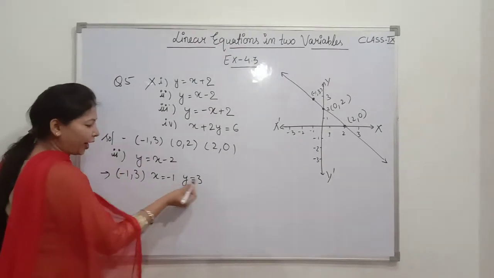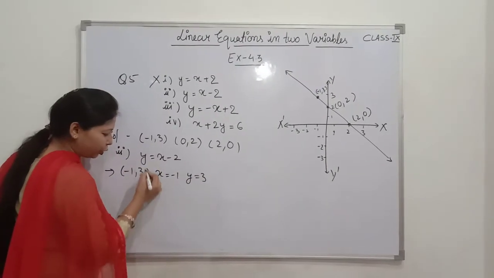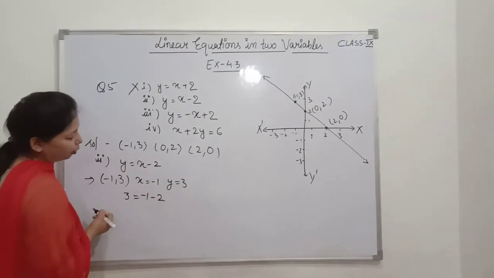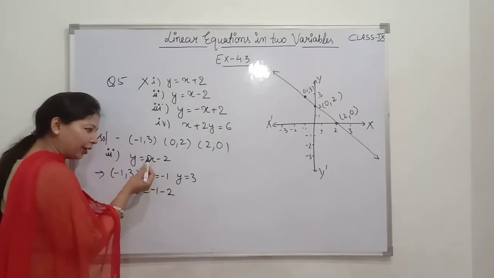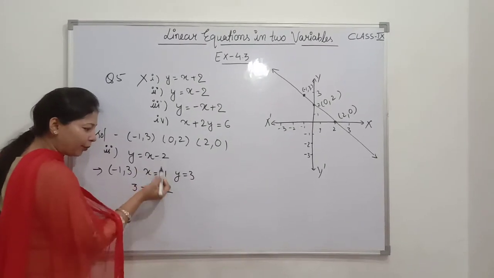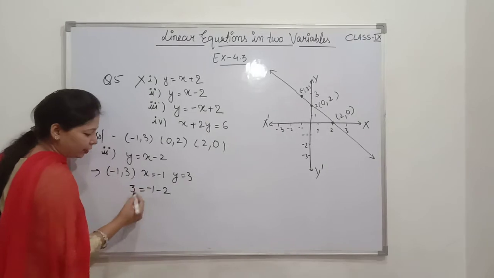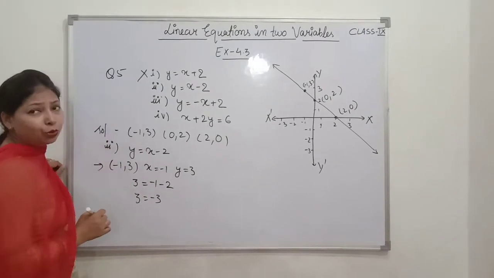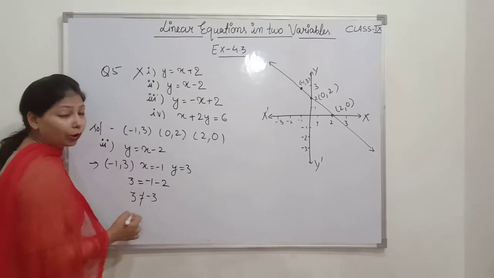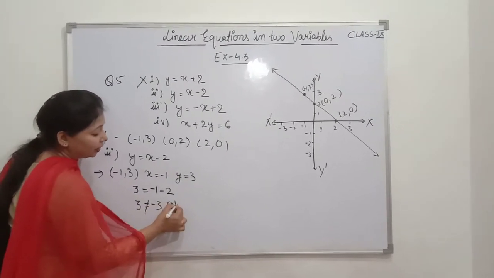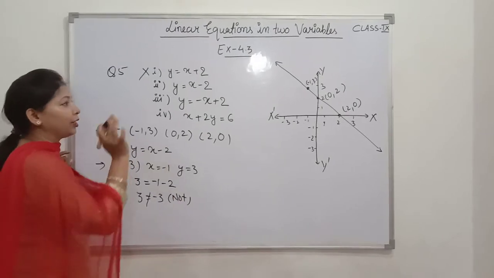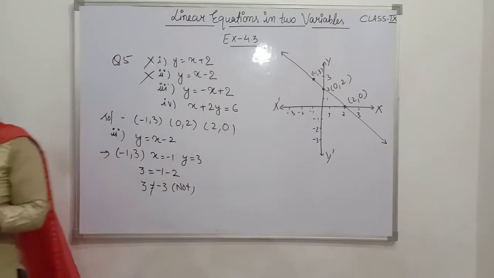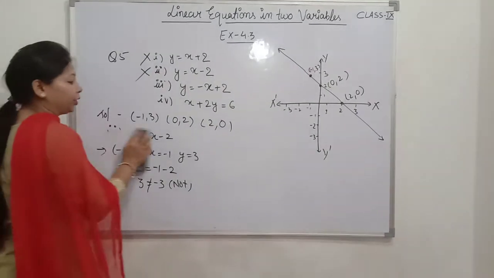So substitute y is equal to 3. I will put y is equal to 3 and x is equal to minus 1, and minus 2. Okay students, see, I have substituted the value of x as minus 1 here, and this minus 2 as it is, and the value of y as 3 from here. So this becomes 3 is equal to minus 1 minus 3. Do you think that these two values are equal? Absolutely not. So that means this point does not satisfy this equation. That means the second equation also becomes wrong. Now let's move towards the third equation.